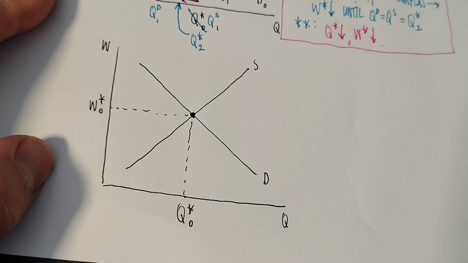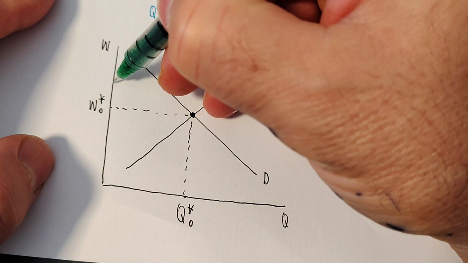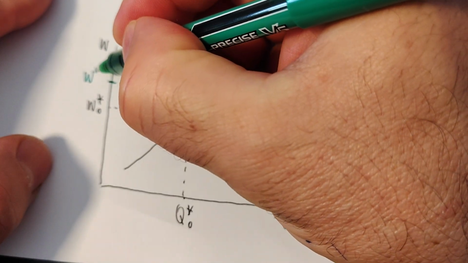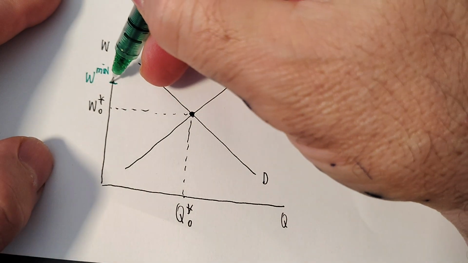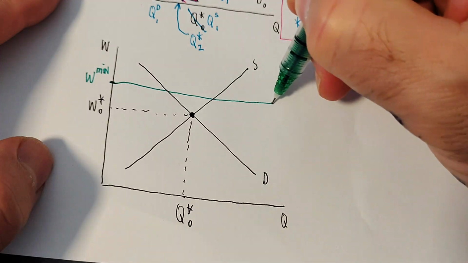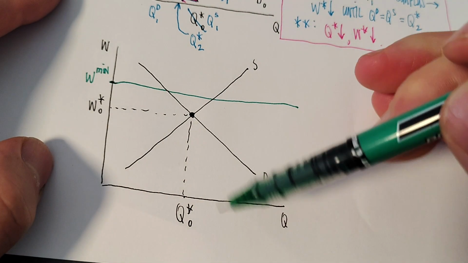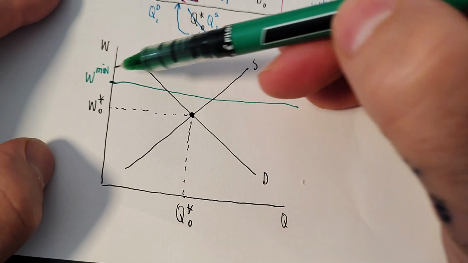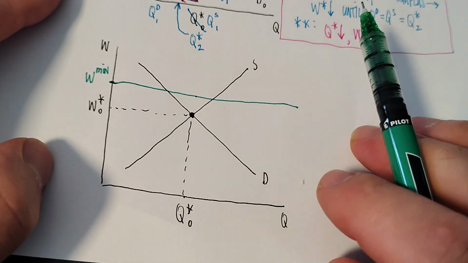And let's say that the government imposes a minimum wage that's up here. All right, so let's say this is the wage, and we'll put a little MIN to show that it's the minimum wage. And that's where it is. It is a floor because, as you can see, the equilibrium wants to go below it. But the minimum wage is not going to allow that to happen. Much the same way the floor under your feet does not allow you to fall into your basement.